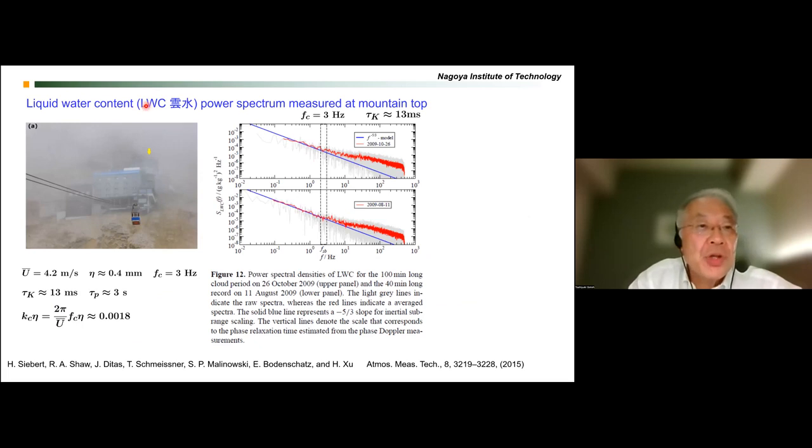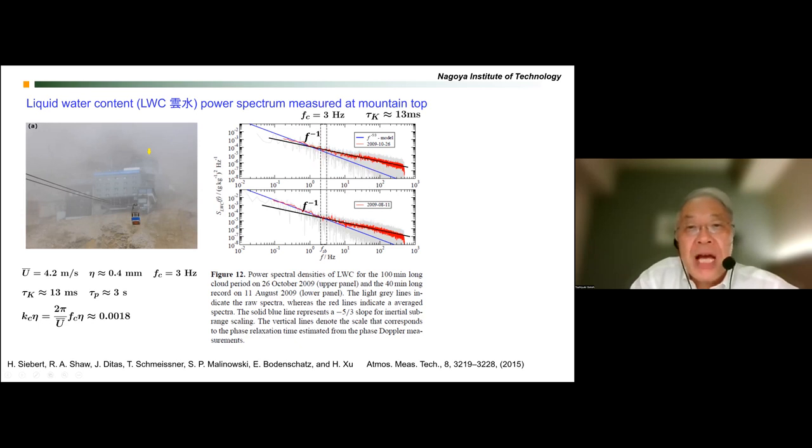Another important issue is the liquid water content power spectrum, which was measured at the mountain top of the German Alps. For example, this is a frequency, and the power spectra of LWC obeys f to the minus 5 at low frequency, but at some frequency, it deviates from this curve.